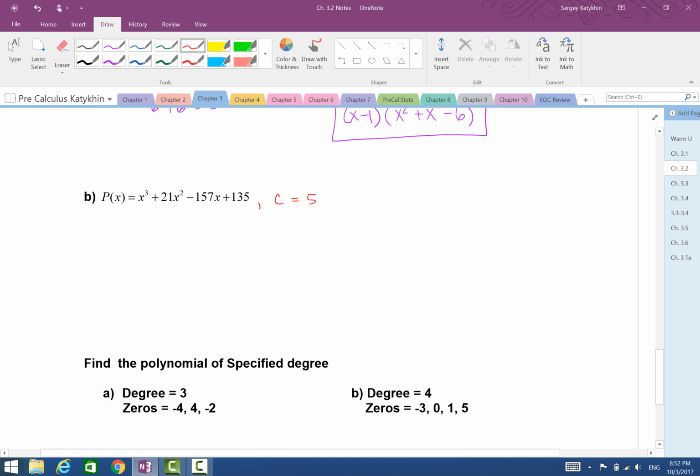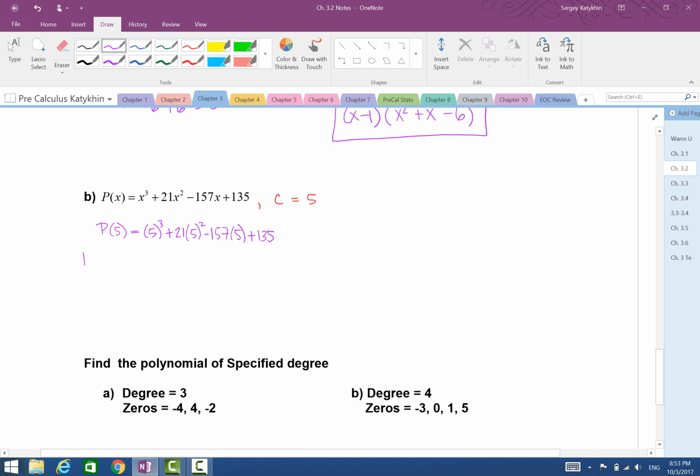So let's see if it actually works. P of 5 is equal to 5 cubed plus 21 times 5 squared minus 157 times 5 plus 135.